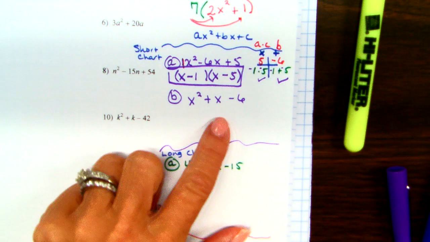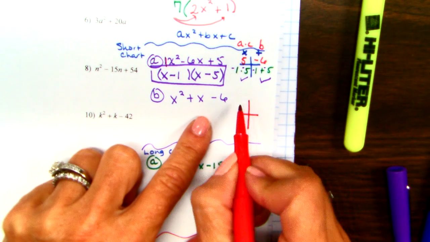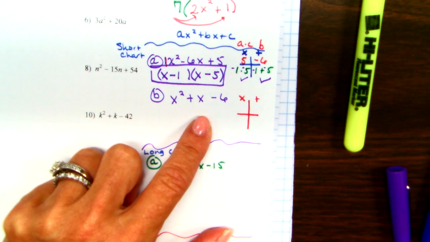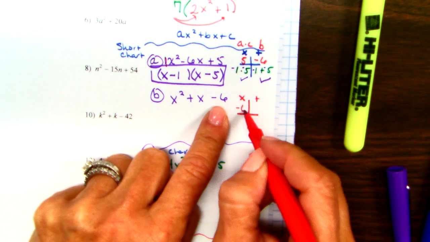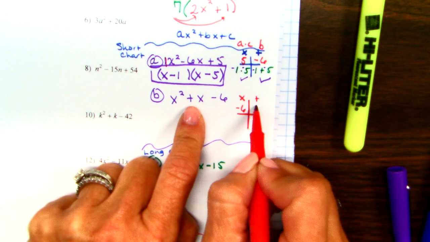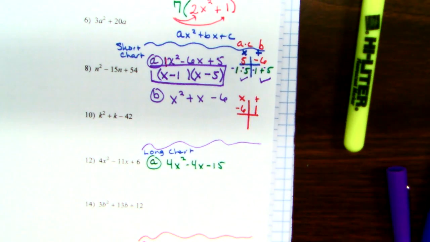All right, let's do the same thing with this one. Make a little chart. What two numbers multiply to get something and add to get something? Those two numbers are 1 times -6, which is -6. And what's our B value? 1. There's a 1 in front of that x. Okay?